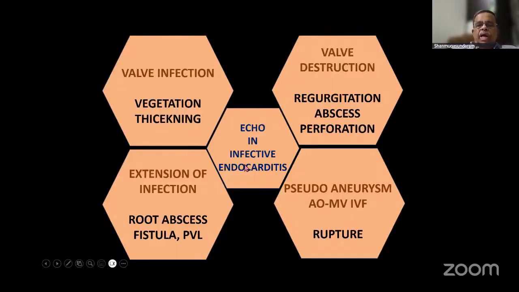How does echo help in diagnosing IE? By identifying the valve infection in the form of vegetation. In the initial stages, it may appear as diffuse valve thickening.